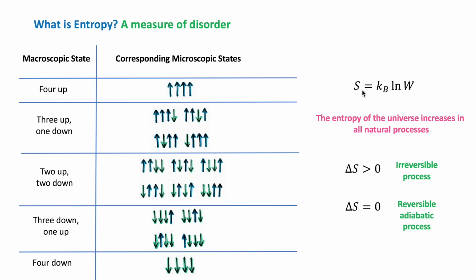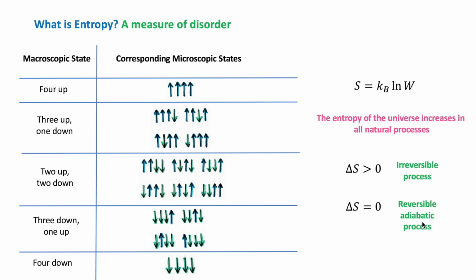So the entropy statement of the second law of thermodynamics is that the entropy of the universe increases in all natural processes. Okay, so they tend to a disordered state. So let's consider isolated systems. The total entropy of an isolated system may either increase if the process is irreversible or it remains constant if the process is a reversible adiabatic process.